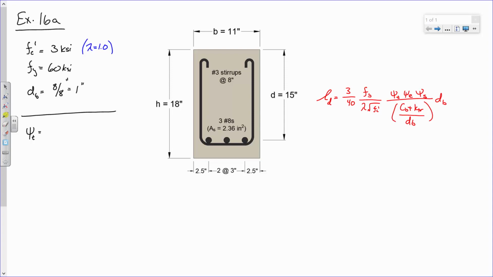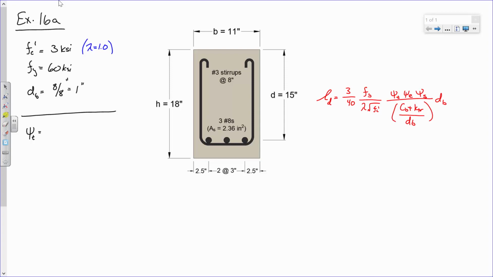All right. So let's take each of these factors one at a time. So psi_t, that's our bar location factor. What is psi_t going to be for these bars? Well, let me ask you this. Are we dealing with top bars or are we dealing with bottom bars? Bottom bars. Okay. So say it again. 1.